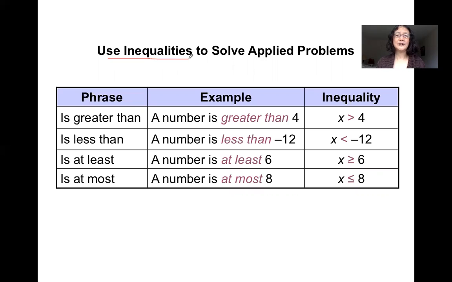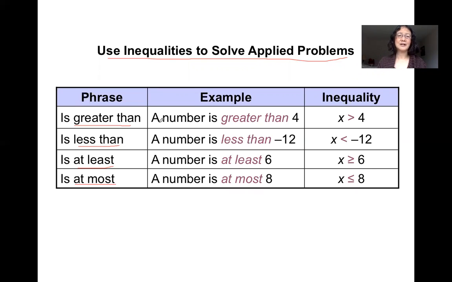Use inequality to solve applied problems. In applied problems, you usually have keywords like greater than, less than, at least, at most. How do you interpret those key terms into mathematical inequality signs?